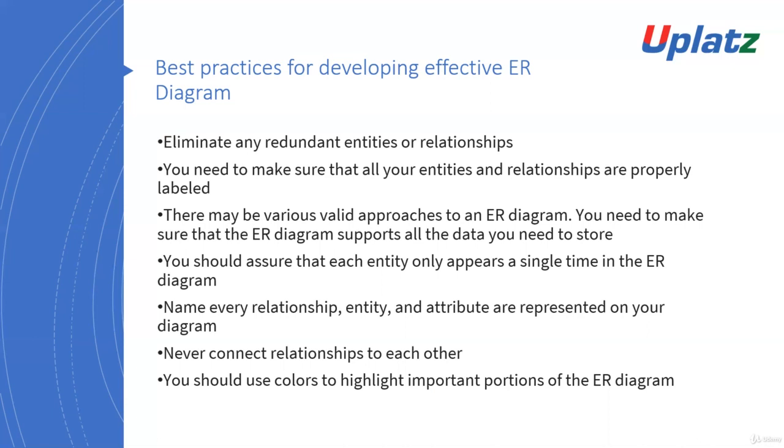You should use colors to highlight important portions of the ER diagram, so that when you are presenting an ER diagram to somebody else, it effectively shows which part you are focusing on the most, but at the same time you need to make sure that you haven't missed out on any other. So these are a few best practices you can use before implementing a database, which will give you an effective result when you see your database storing the data the way you want it to.